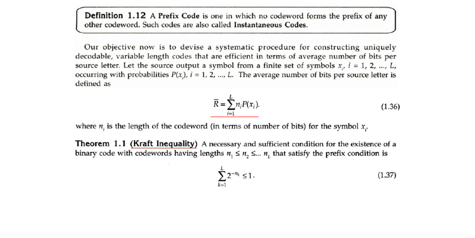Always in source coding, as I said earlier, we will take a DMS, discrete memoryless source, and we assume it generates L number of outputs. So xi is one such output from a DMS.